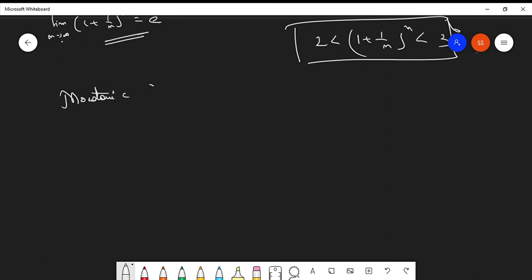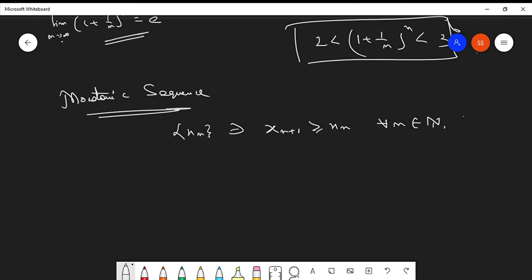If there exists a sequence, let's say xn, such that xn plus 1 is greater than or equal to xn for all n belonging to the set of naturals, then xn is said to be monotonically increasing. Clear?